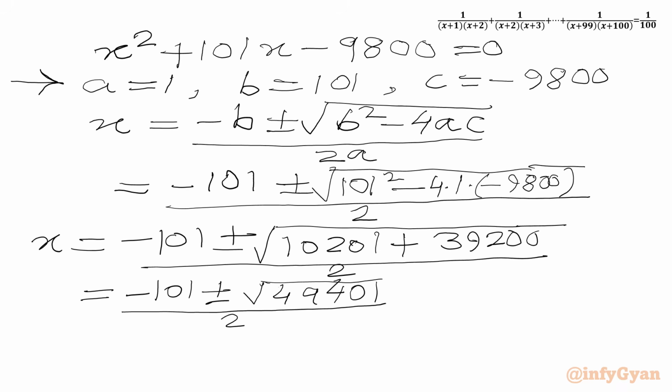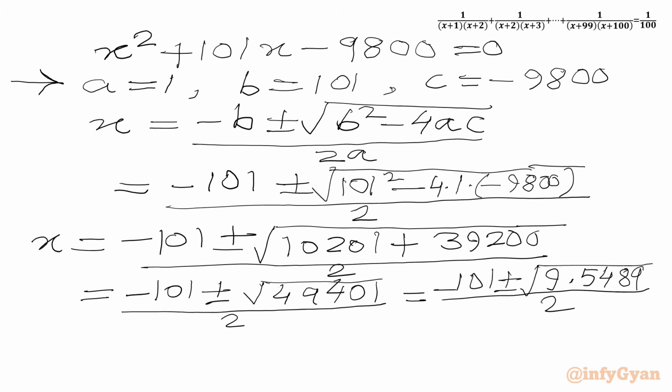Now we can factor 49,401. We will write minus 101 plus minus square root of 9 times 5,489, and denominator is 2. Now this 9 will come out from this square root as 3.